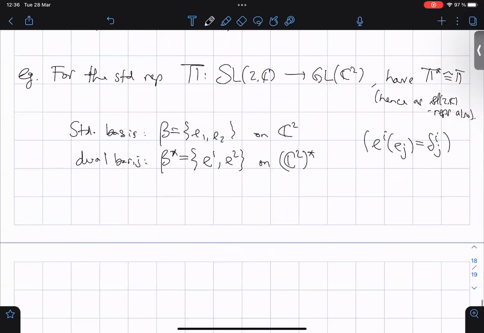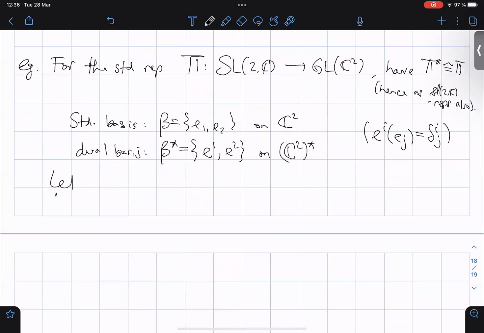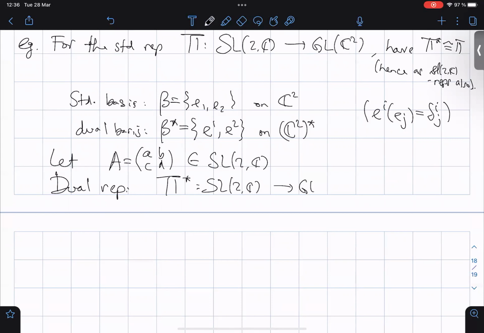So let's take a matrix A, B, C, D in SL2C. That defines the standard representation. Now for the dual representation, pi star from SL2C to GL of C2 dual.